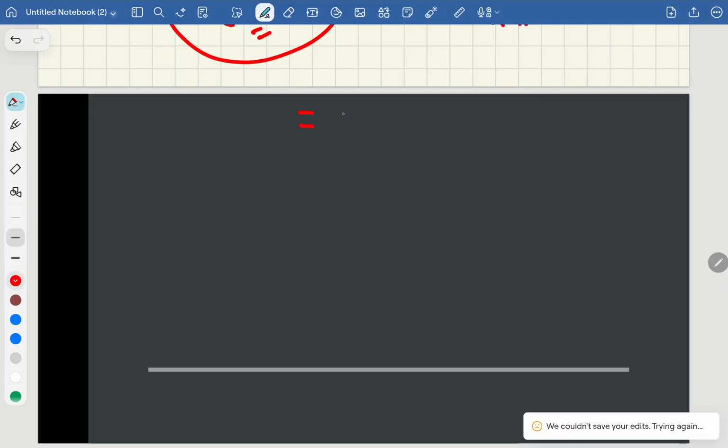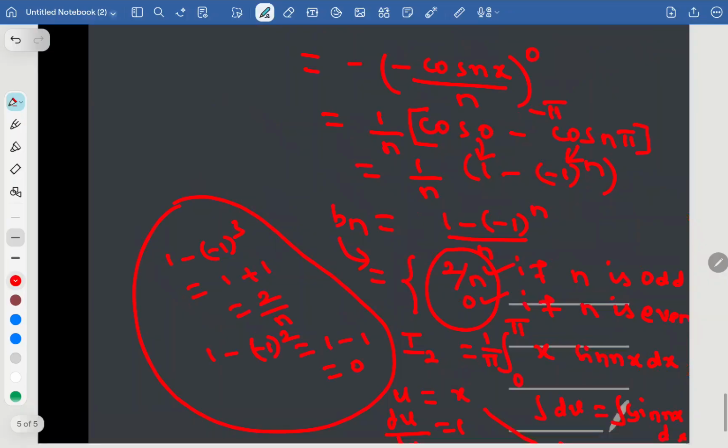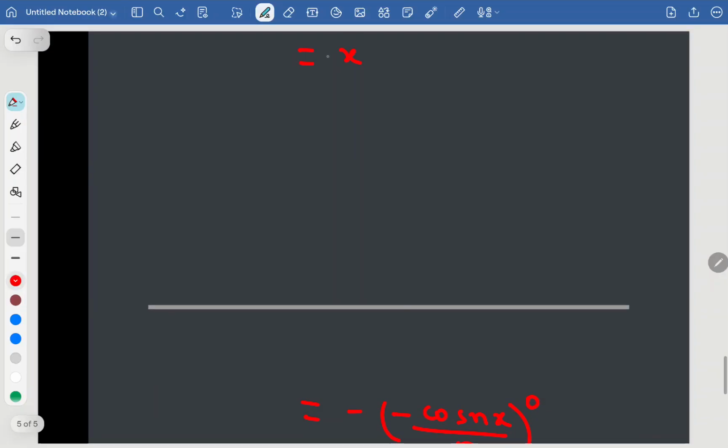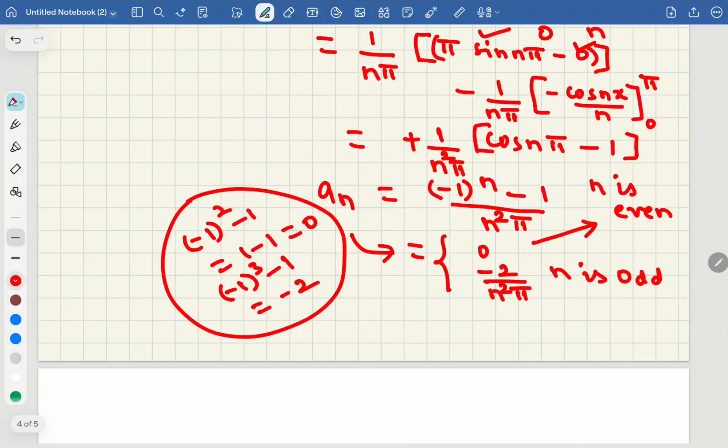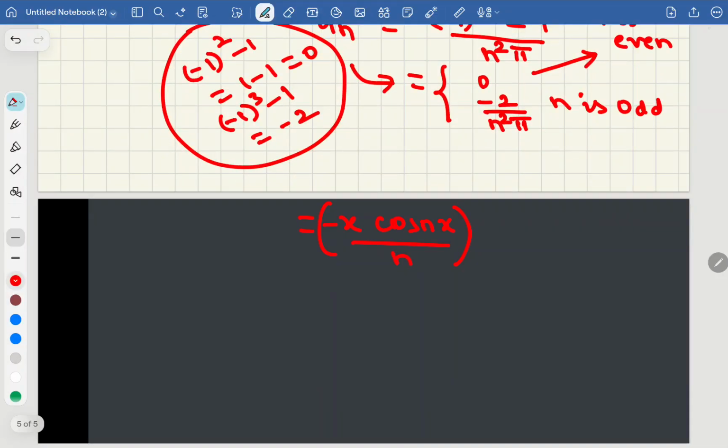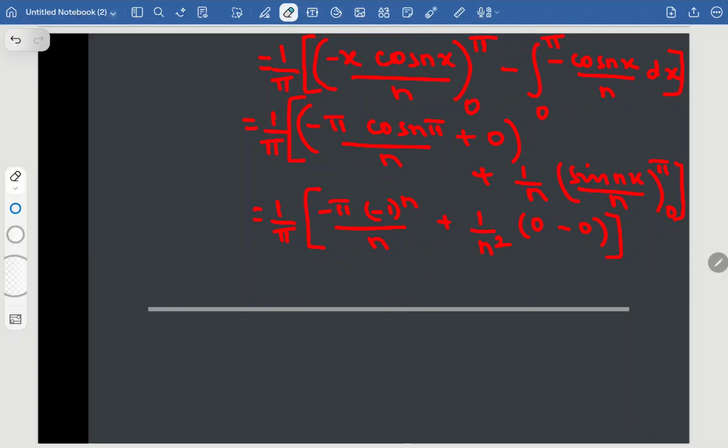For Bn, 1 by pi, uv minus integral v du: minus x cos nx by n, limit 0 to pi, minus of integral 0 to pi v du.